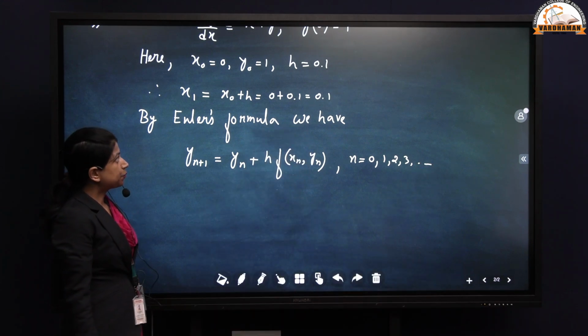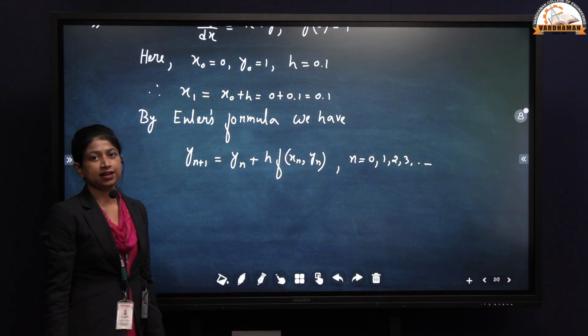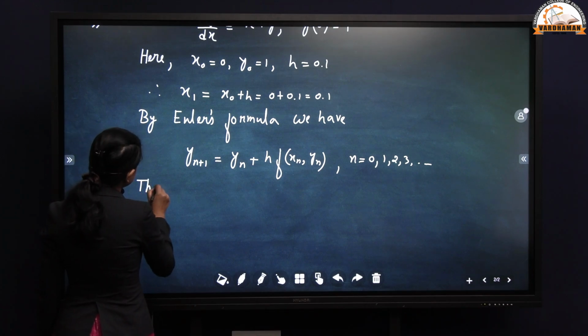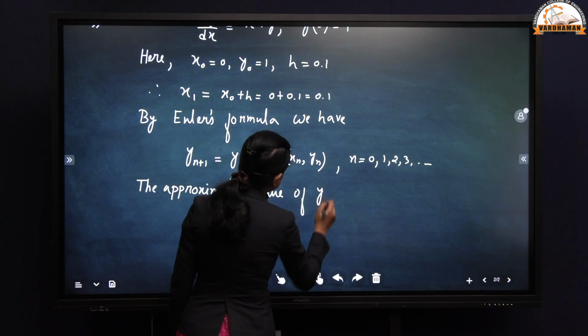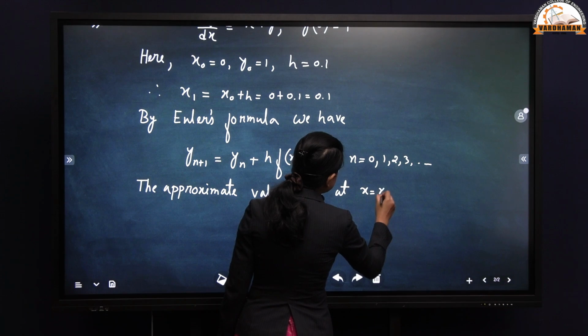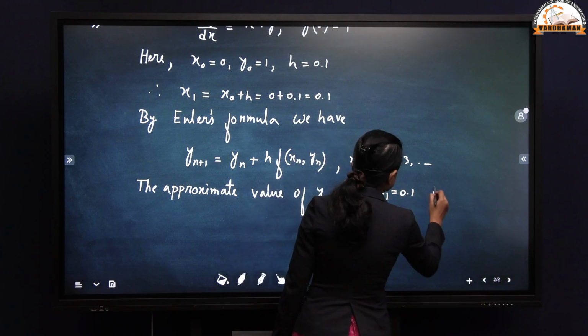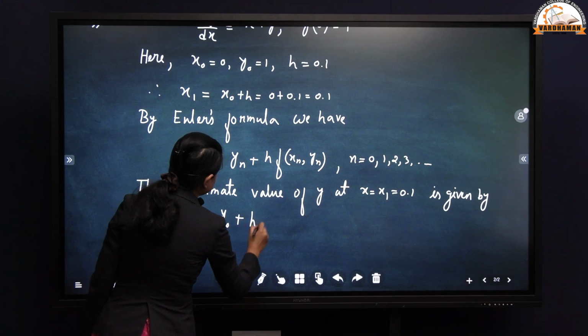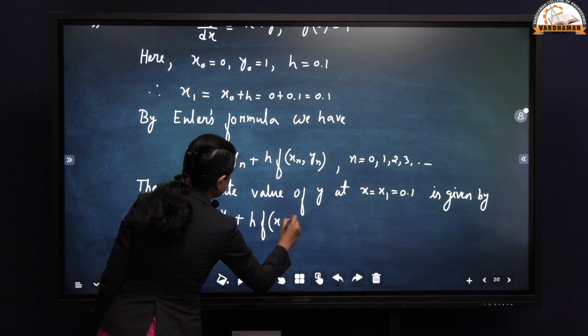Now let us find the approximate value of y at x1 using x naught and y naught values. The approximate value of y at x equal to x1, that is 0.1, is given by y1 is equal to y naught plus h into f of x naught comma y naught.